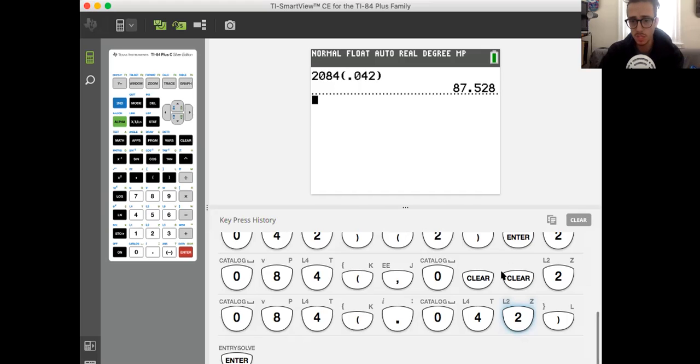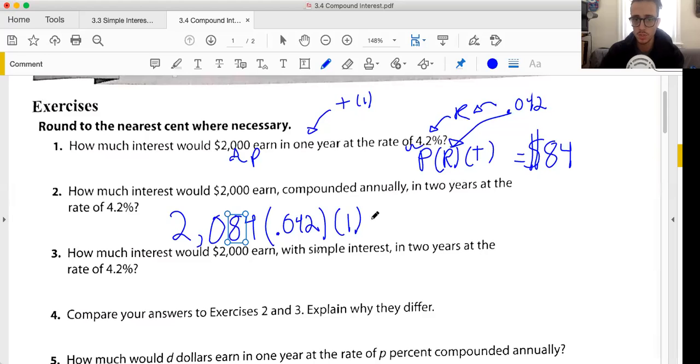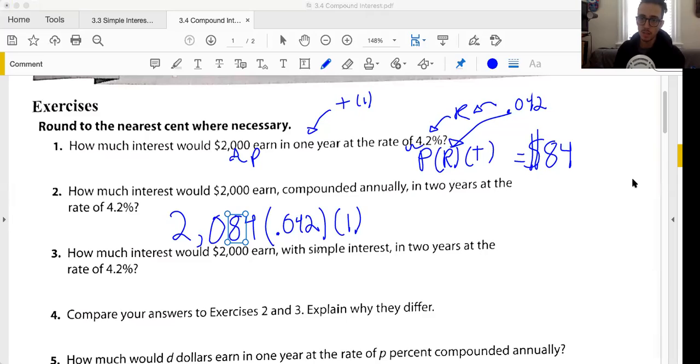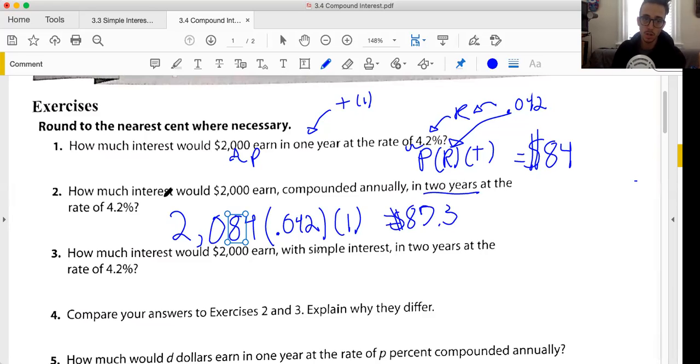And that's going to help us here because, again, this would just give us the amount for that second year. So 87 and 53. But again, that's not necessarily what's being asked here. It's how much in 2 years for all of that interest.